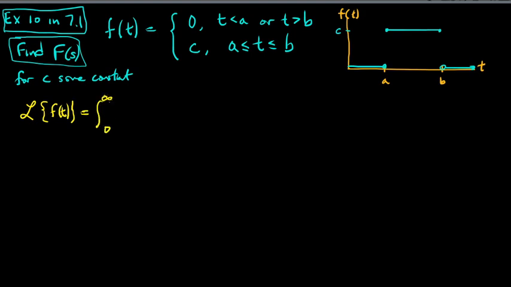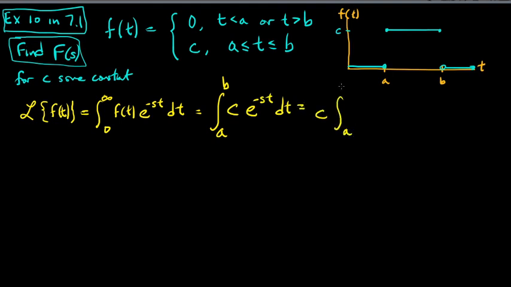Integral from 0 to infinity of f of t times e to the negative st. Although I think I wrote it backwards before, but it doesn't matter. So you can see that from 0 to a, it's just 0, and from b to infinity, it's 0. So the only finite integral we get here is from a to b. And f will just be c there, so c times e to the negative st. Because c is a constant, we can bring that outside.